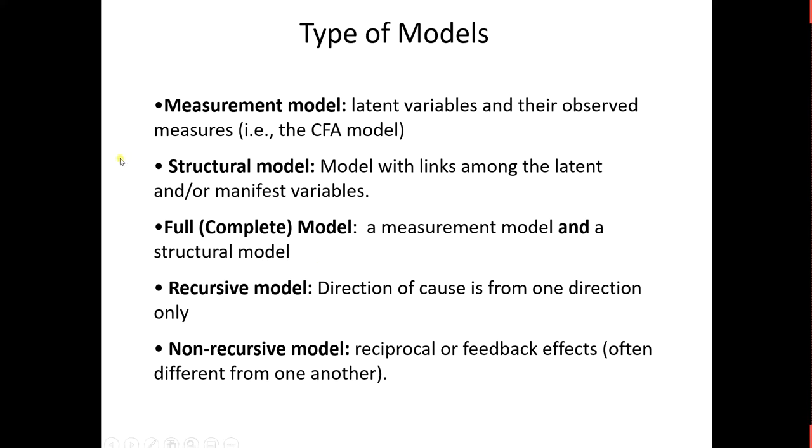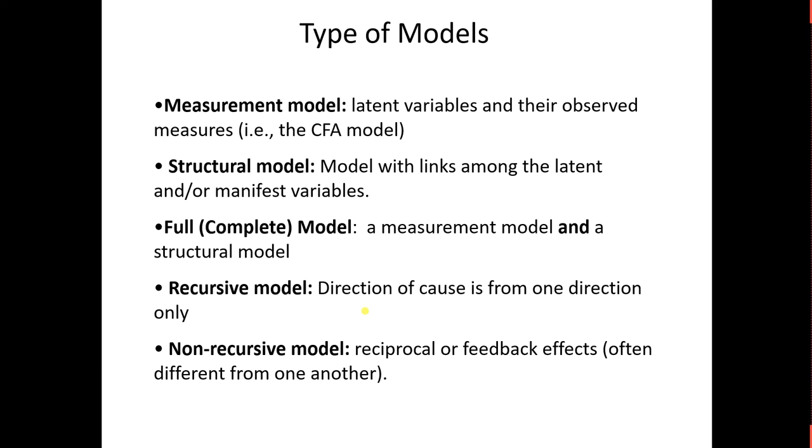In structural relationship models, the models may be either recursive models or non-recursive models. In a recursive model, the direction of the cause is unidirectional. It always flows from one variable to the other. So it is a unidirectional causal model.